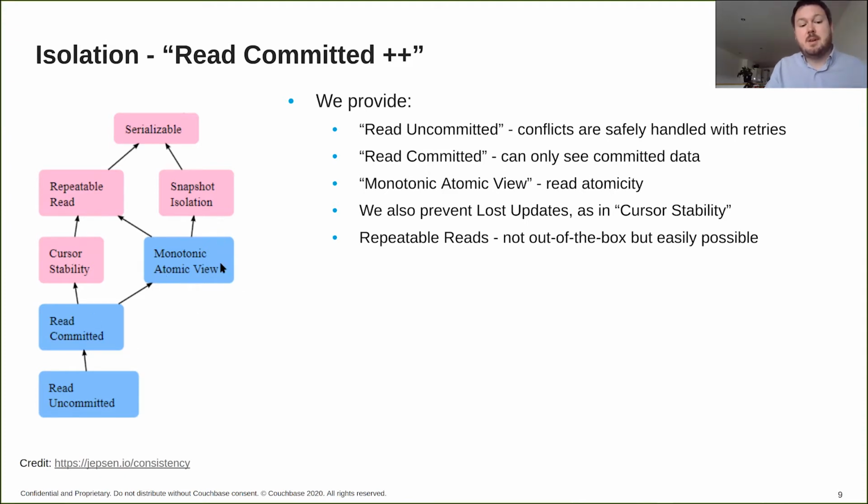It's really part of monotonic atomic view. But regardless, we provide that as well. And you also don't really want lost updates. So we provide that, even though it's not really part of our stated isolation level. So it's a very usable system. The aim was to prevent surprises, gotchas, and we hope that's what we've achieved here.